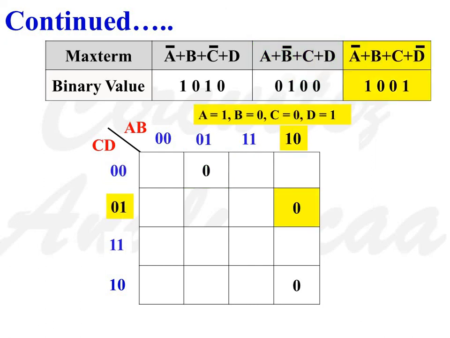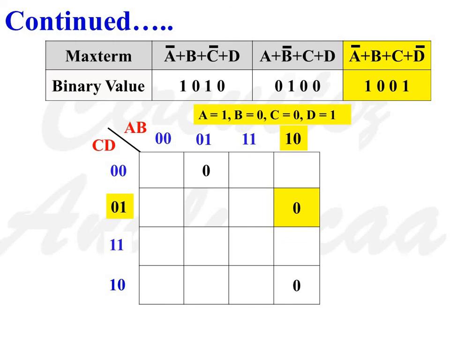Next max term of the function is A bar plus B plus C plus D bar. To find the binary value, if a variable is in true form, put 0, and if a variable is in complemented form, put 1, as we are discussing a product of sum expression. Here, as variable A is in complemented form, put 1.